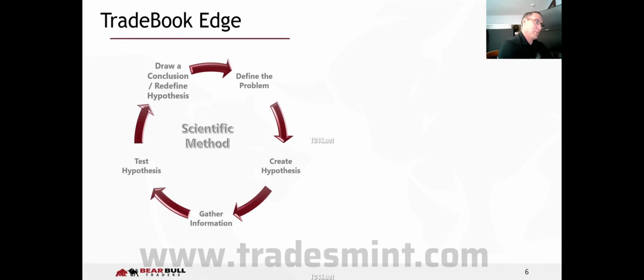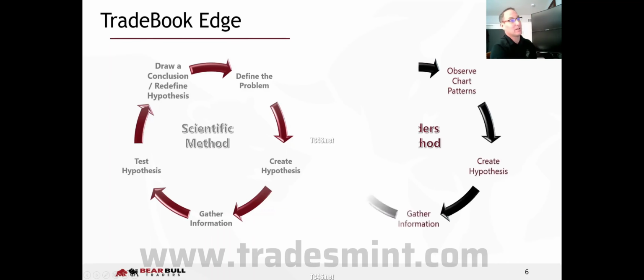You simply take a problem, you create a hypothesis of why that problem's occurring and how it can be fixed. You then gather some information, you do some type of test, and then you draw a conclusion and you redefine that hypothesis until you get the results that you're looking for. Well, we can take the same methodology of the scientific method and apply it to trading.